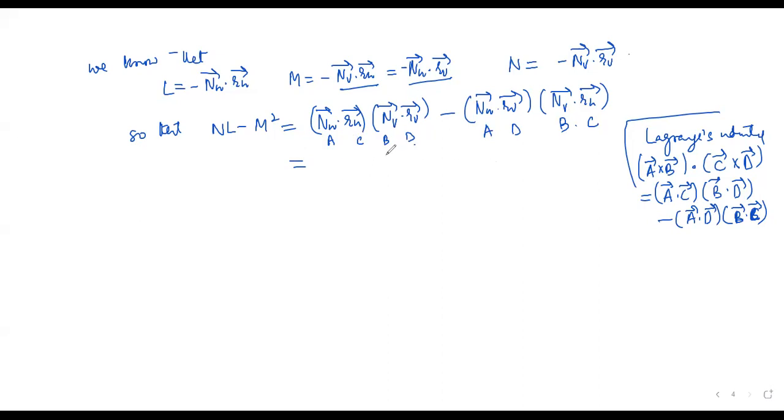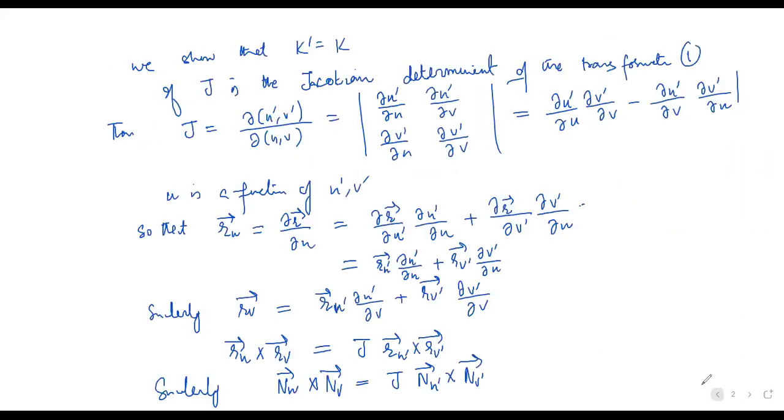So therefore it should be A cross B. That means A cross B, that is N_U cross N_V, multiplied by C cross D, that is R_U cross R_V. So that would be equal to J times, using the previous equations, call this 1 and this 2.